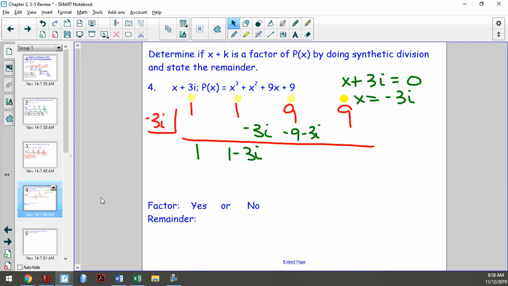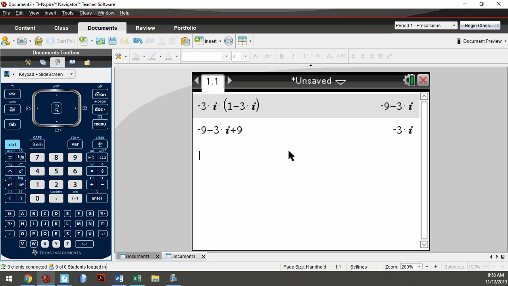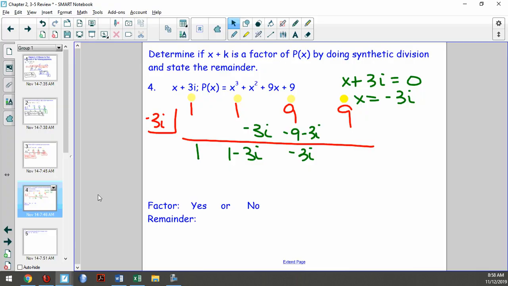By having that running tally in your calculator, you will make fewer mistakes whenever you multiply your imaginary numbers, because now we're going to take that answer and multiply it by a negative 3i and hit enter. And what does that give you? Negative 9. So what can you conclude? Is this a factor, yes or no? Yes.